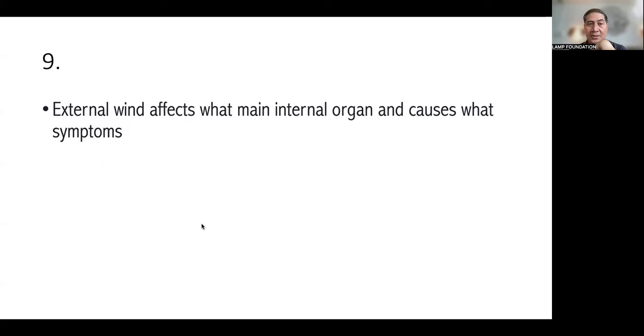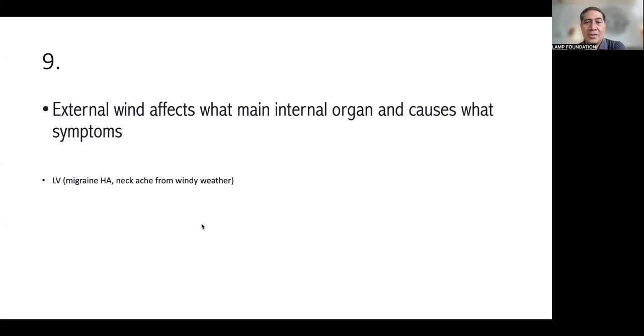External wind affects what main internal organ and causes what symptoms? The liver. And the symptoms are migraine, headache, and neck ache from windy weather.